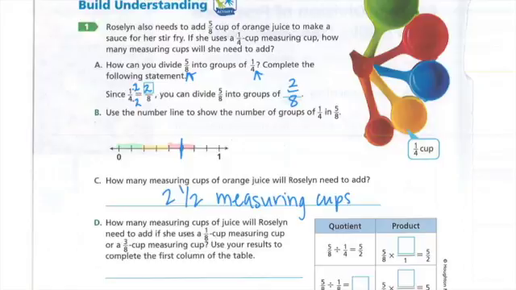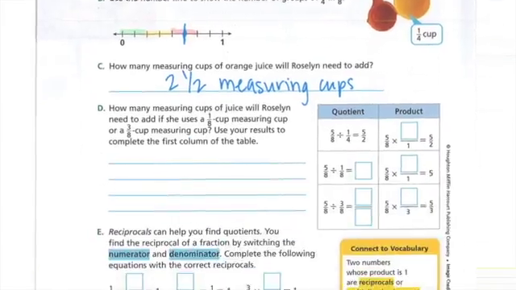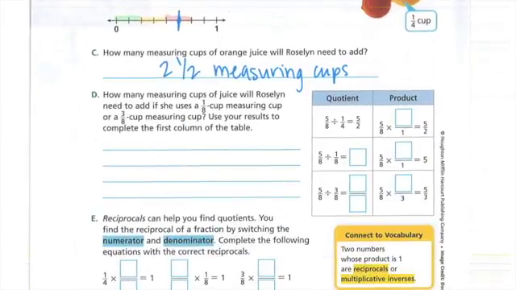How many measuring cups of juice will Rosalind need to add if she uses a 1/8 measuring cup or a 3/8 measuring cup? Use your results to complete the first column of the table. Okay, so again, she has 5/8. So I'm going to make the picture of 5/8. 1, 2, 3, 4, 5, 6, 7, 8, right?